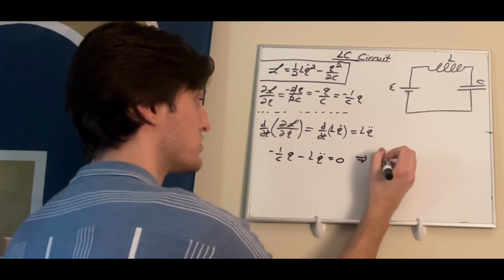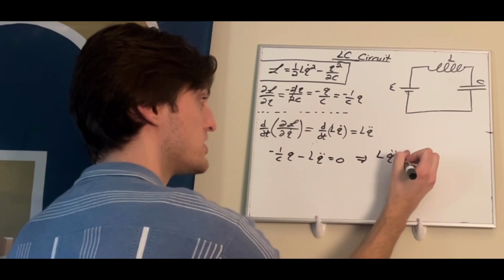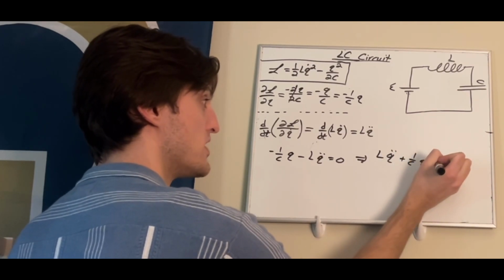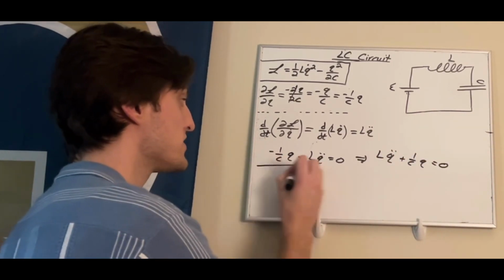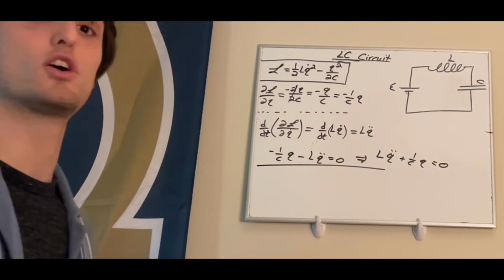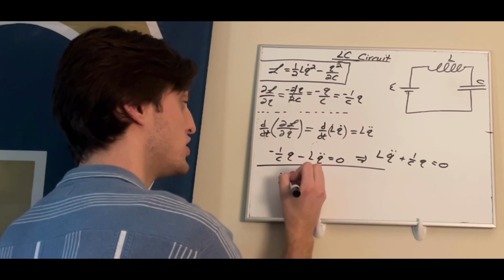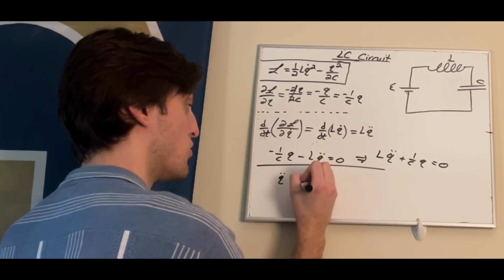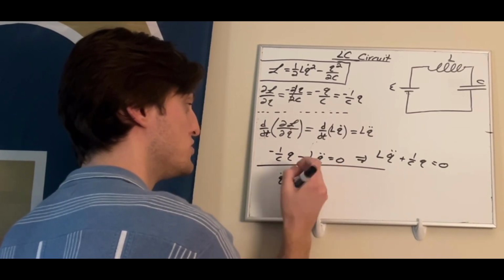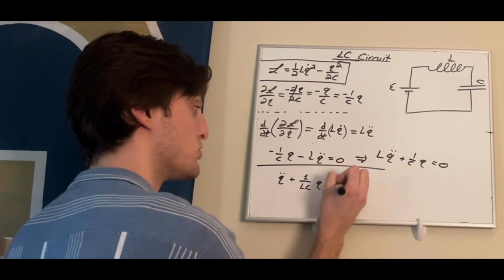If we move that over to the other side, we get L q double dot plus 1 over C q equals 0. When solving differential equations, we'd like to have the leading coefficient be 1. So I'm going to divide the whole thing by L to get q double dot plus 1 over LC q equals 0.